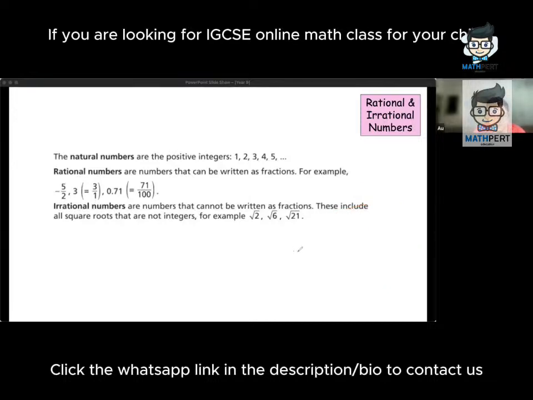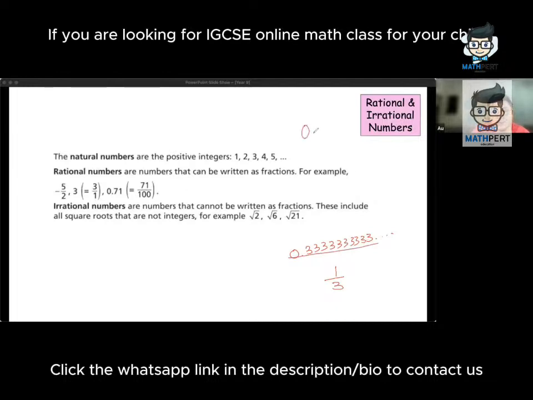Numbers like 0.333333, this one we call a recurring decimal. That means the 3 never ends. I can write it as a fraction. It is 1/3. So this one is a rational number.